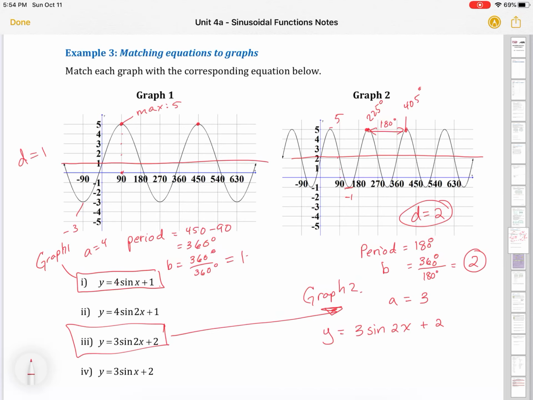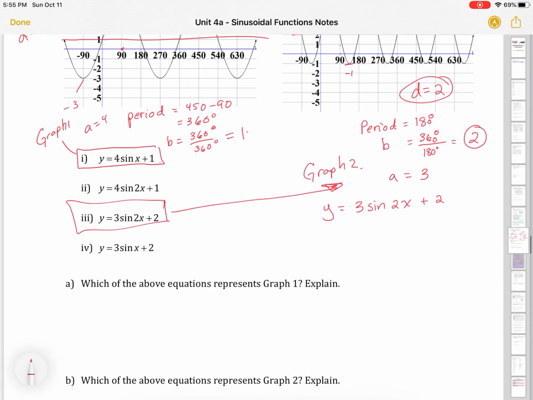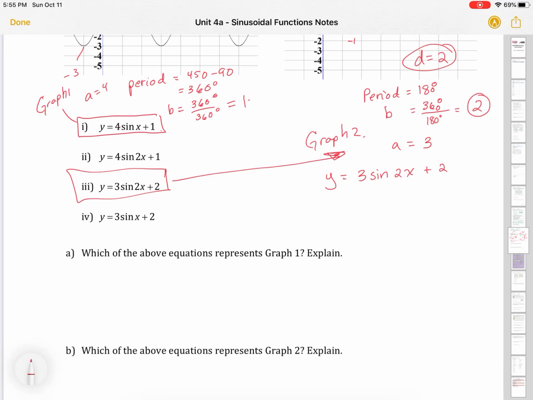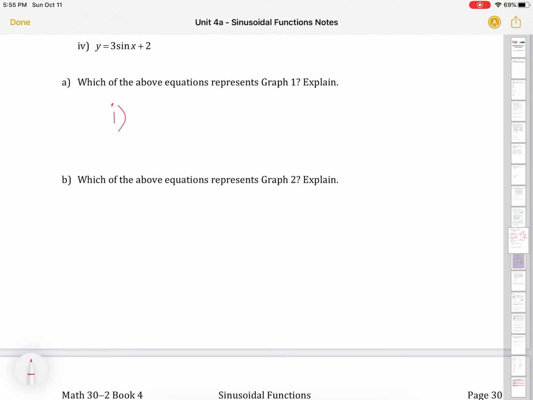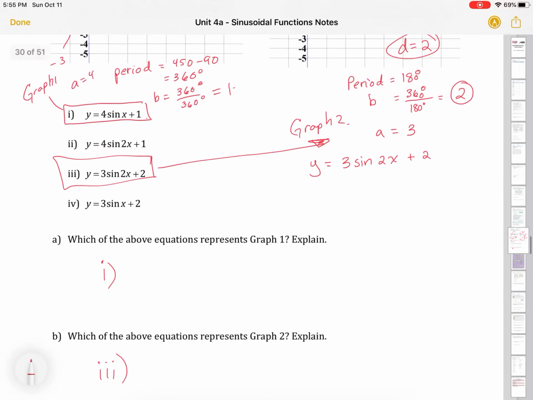So just a little bit of analysis to kind of get you where you need to go. And sometimes you have to do some scribbling and some figuring out. So which of these graphs represents graph 1? I've done the analysis. It's 1. We already know that. And which one represents graph 2? It's 3. Again, I did the analysis.